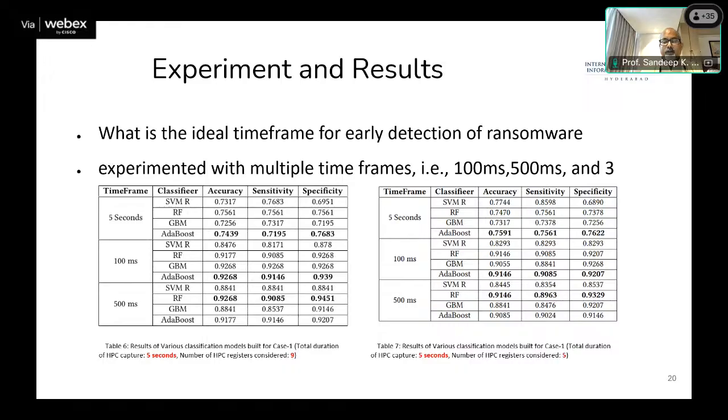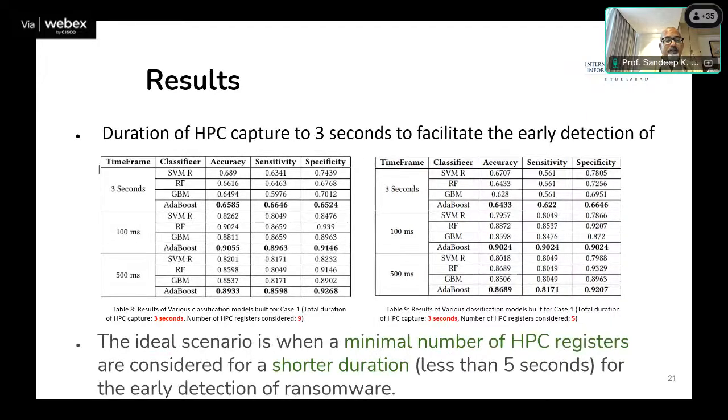So that's what we decided: a 100 millisecond interval over 5 seconds. Now if I wait for 5 seconds, some ransomware can do a lot of damage by then, right? So I may have to do this even faster. So we looked at 3 seconds.